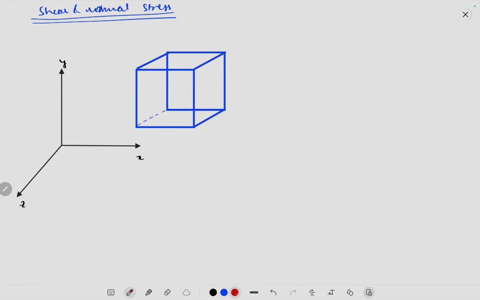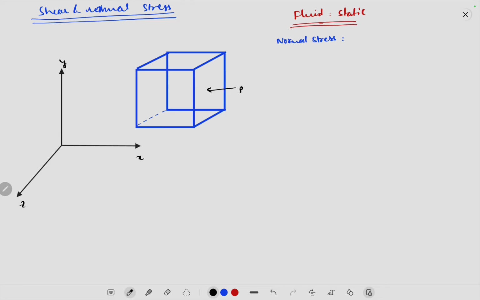Now, let's say the fluid is static. Then what is the normal stress on this static fluid? That will be nothing but the pressure, right?